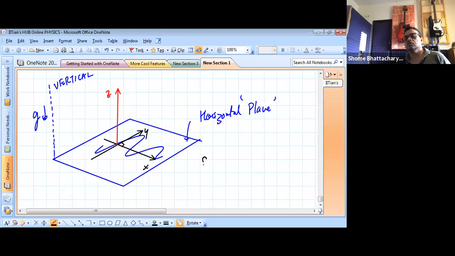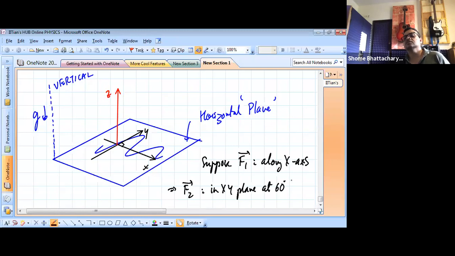So what will happen is, suppose F1 is along X axis. Then that means F2 will be in XY plane at 60 degrees to X axis.